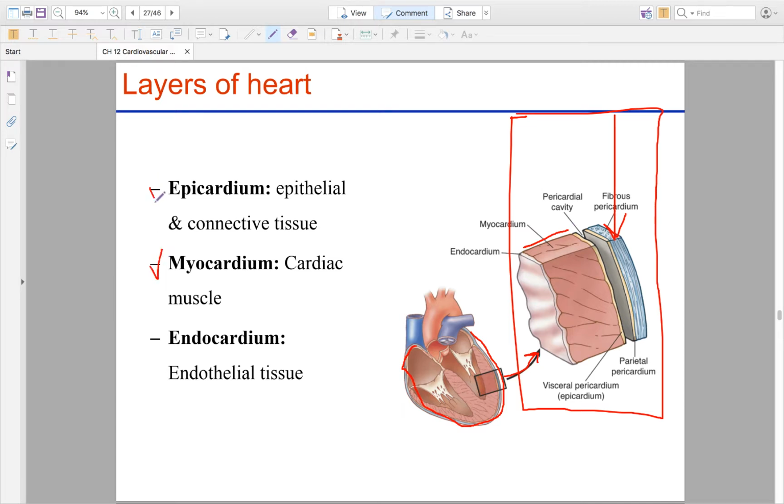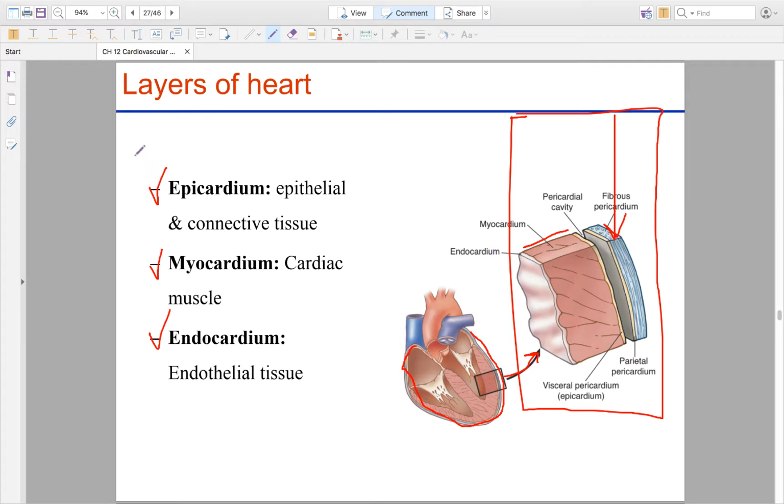Myocardium is the cardiac muscle tissue, an actual muscle. It's a specialized muscle, found only in the heart. And then the inside layer is the endocardium, made up of endothelial tissue.